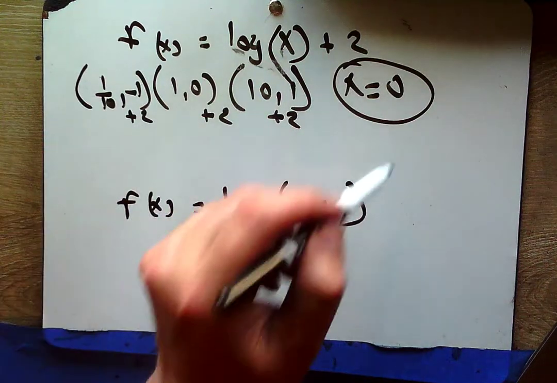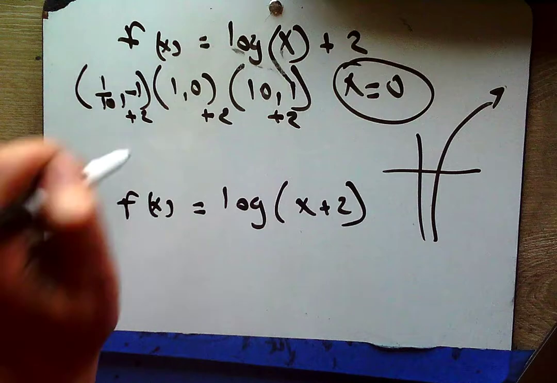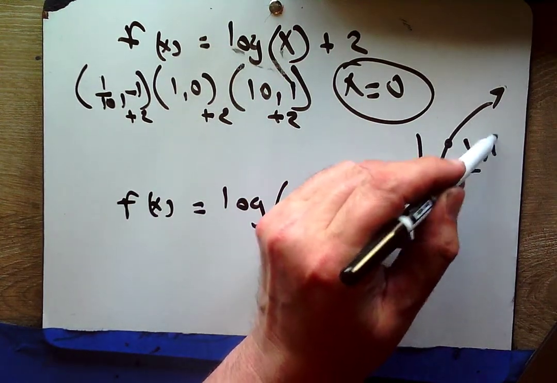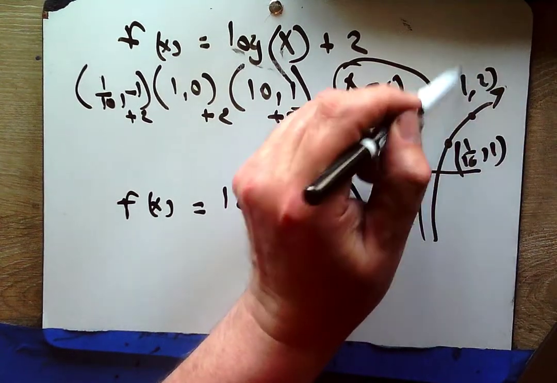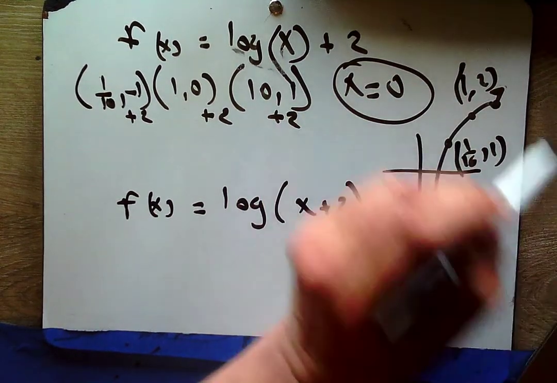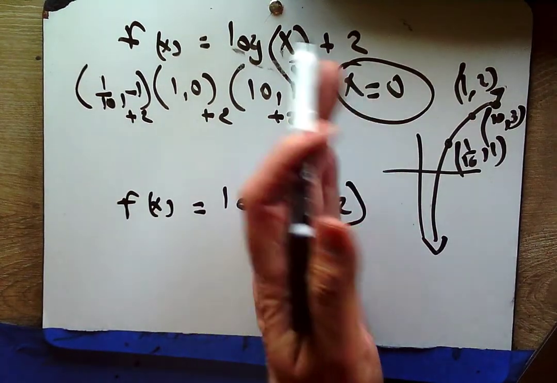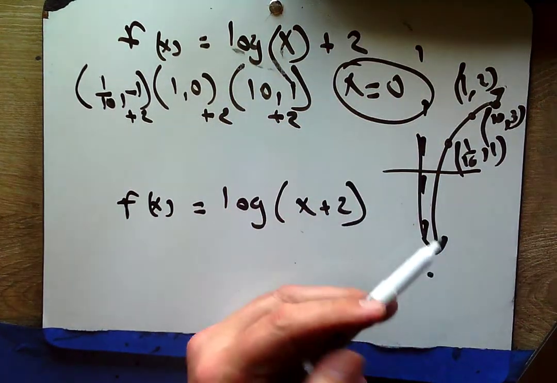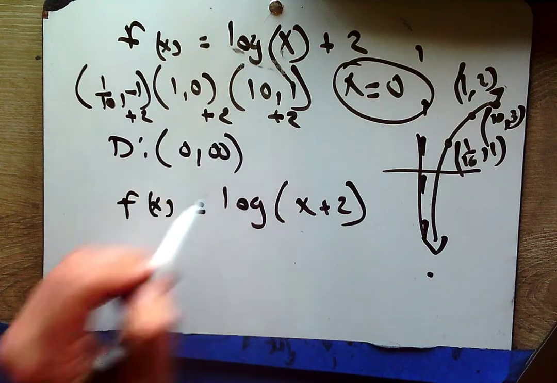This graph was just shifted up. So I've got here 1/10, 1; 1, 2; and 10, 3. My graph didn't shift left or right. The vertical asymptote is still in the same place. So my domain, 0 to infinity.